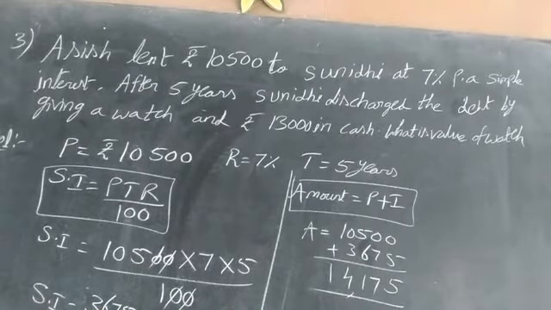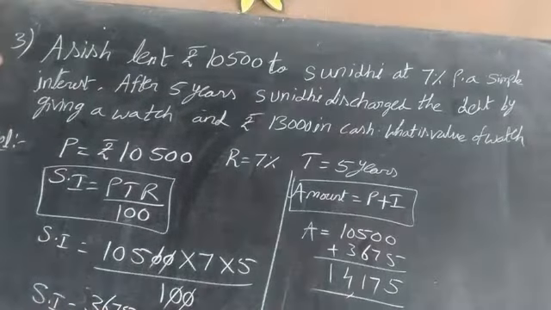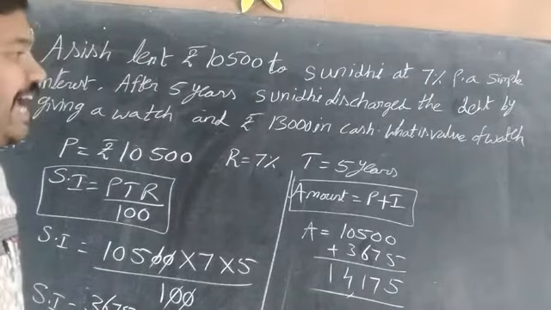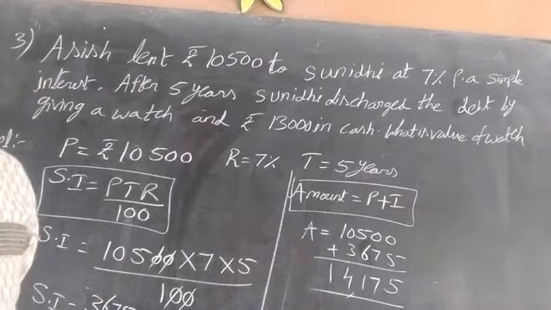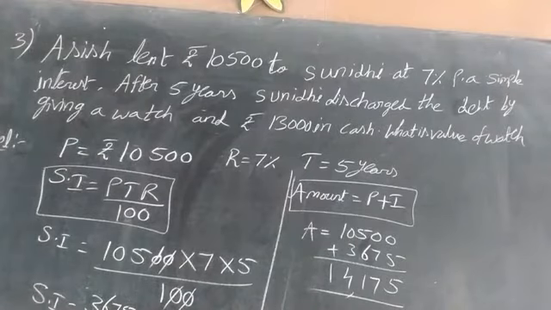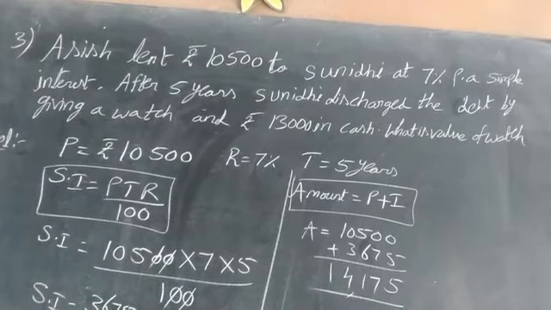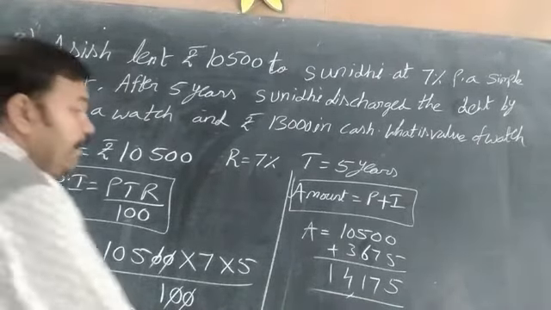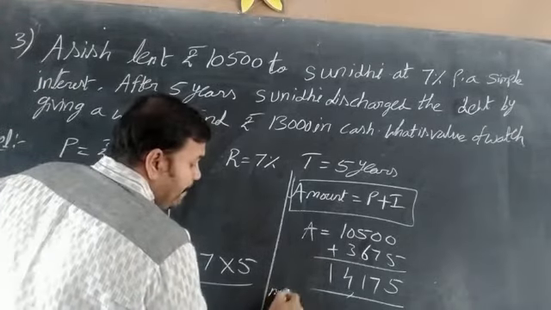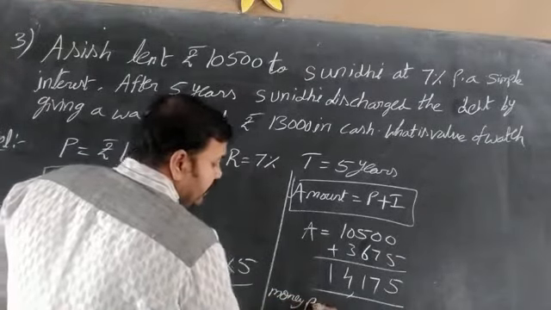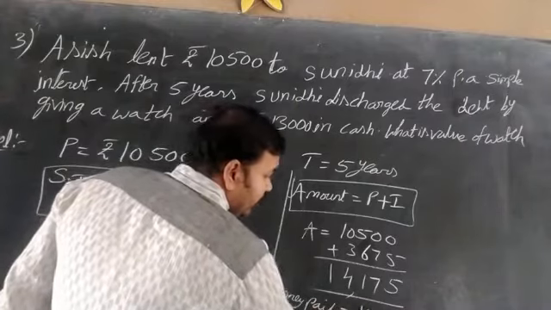From this 14,175, he is paying 13,000, and the remaining balance is for the watch. What is the cost of the watch? We have to find that. Here we write: money paid is equal to 13,000 rupees.